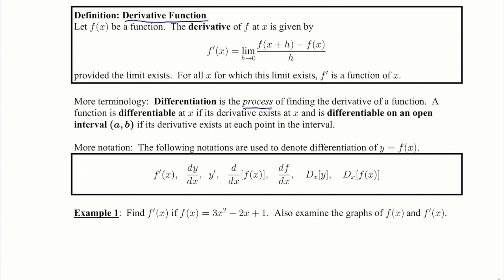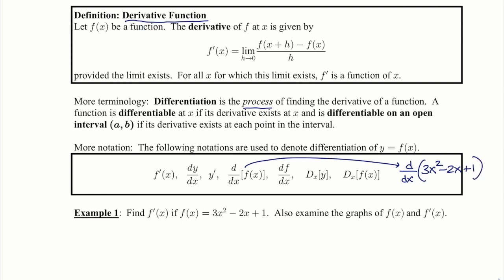So f prime of x is probably the most common notation you'll see for the derivative of a function that has been named f, but if y is the name of your output, you might also see dy dx to represent the derivative function, or y prime, or this d dx in front of a function. So you might see this, for example, as the derivative of, and then whatever is coming after it. In the next one, we'll be looking at the derivative of 3x squared minus 2x plus 1.